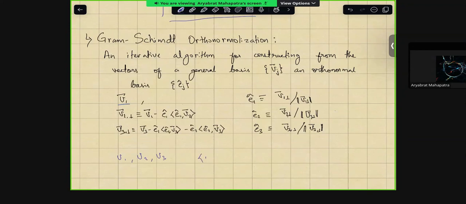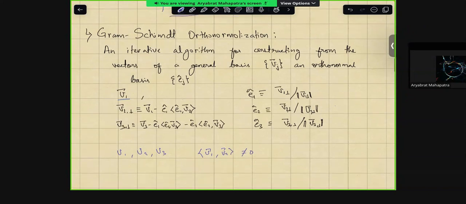When you take the inner product of v1 with v2, it is something non-zero, but you want it to be zero, because that is the usual orthogonality condition. Also, the norm of v1 won't be equal to 1, and neither will it be for v2.